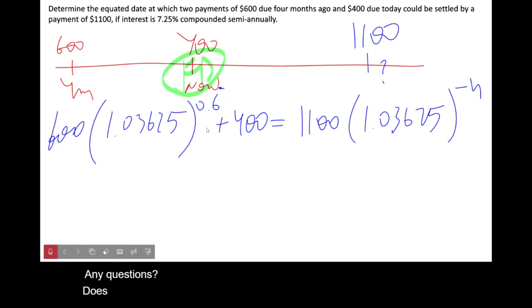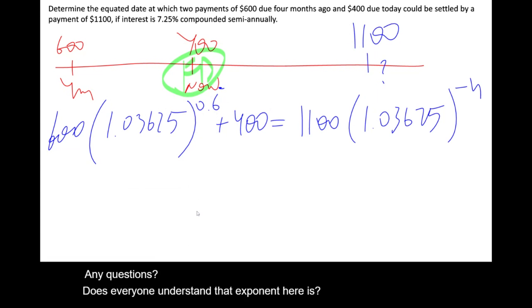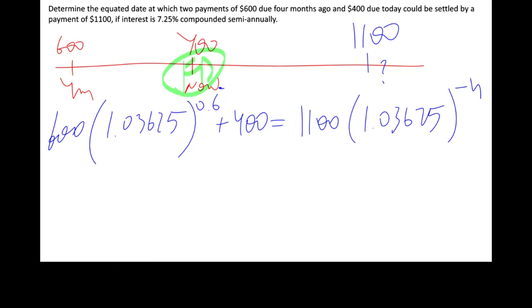Does everyone understand that exponent here, 0.6 in period? Okay, silence. It means that you do understand or don't understand.